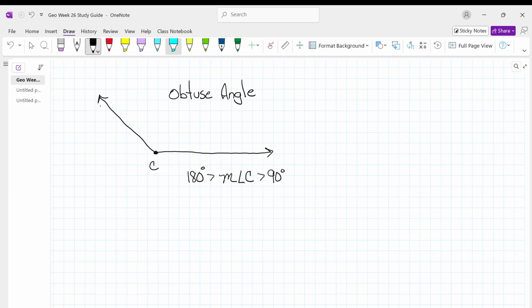All right, so obtuse angles measure between 90 and 180.